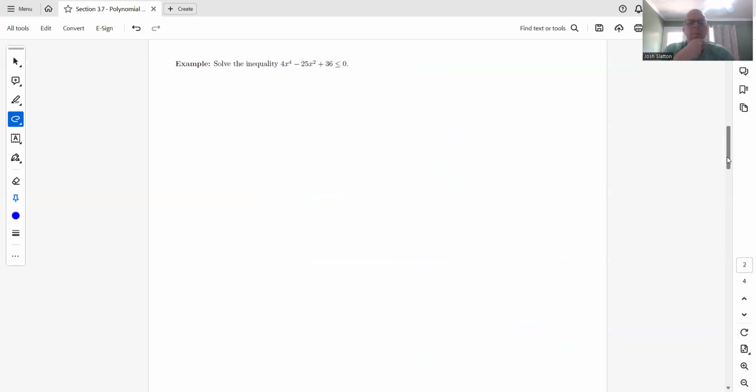All right. So this one, 4x cubed minus 25x squared plus 36. Let's factor that. I actually worked this out beforehand. So this is 4x squared minus 9 and x squared minus 4 less than or equal to 0. And then notice these are both difference of squares.